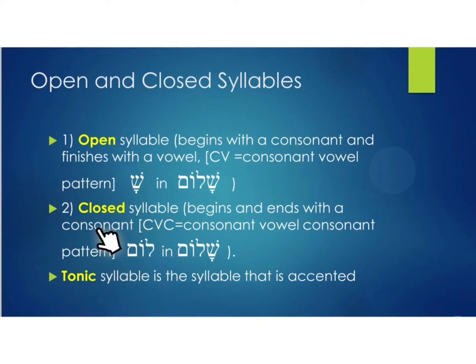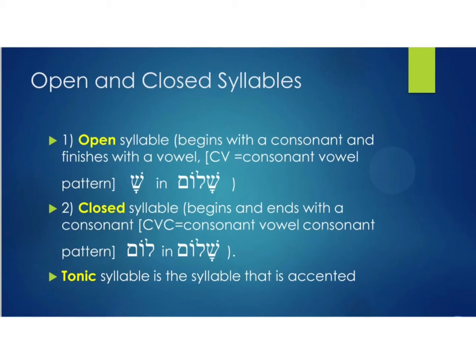So this is called a closed syllable. Remember, every syllable in Hebrew begins with a consonant and not with a vowel. So every word and every syllable begins with a consonant and not a vowel.